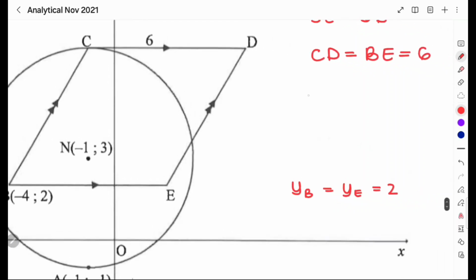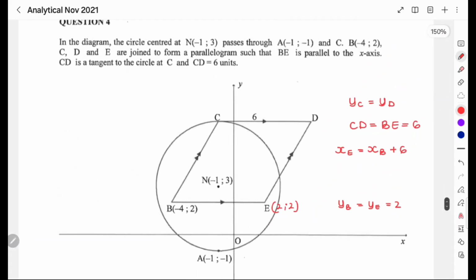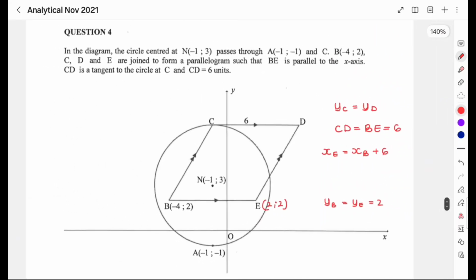So here we can determine the x value of E by taking the x value of B and adding 6 units. So we therefore know that the coordinate of E is going to be positive 2 and positive 2. Now, let us continue.